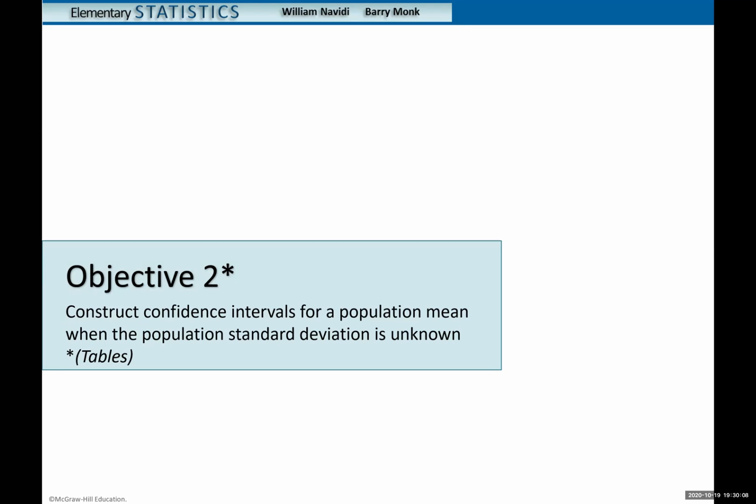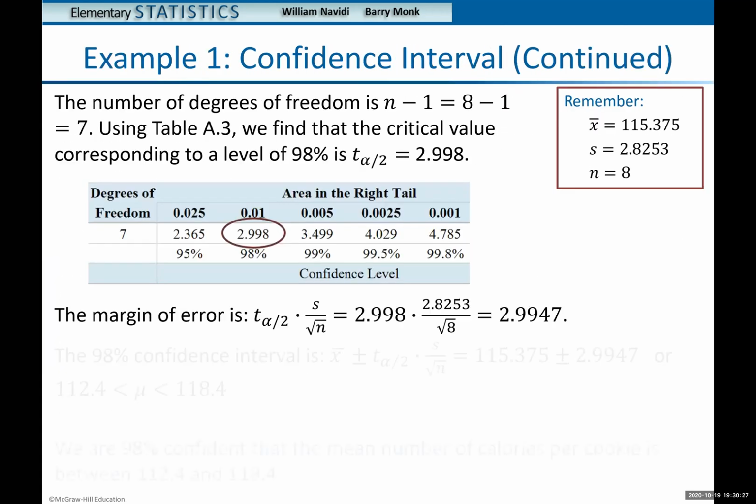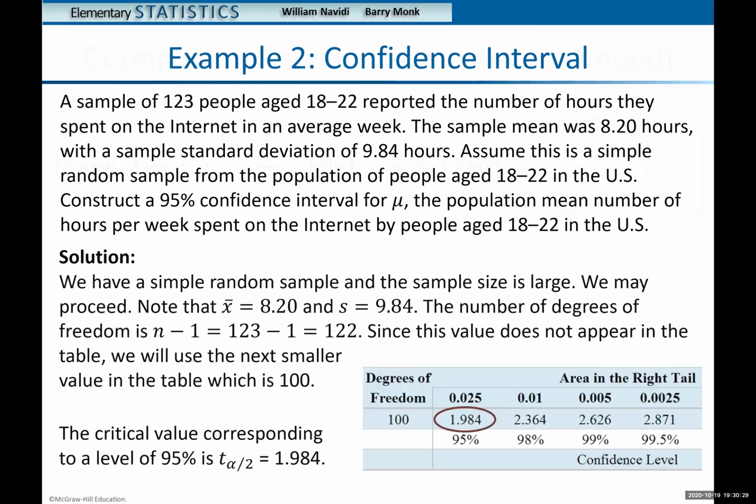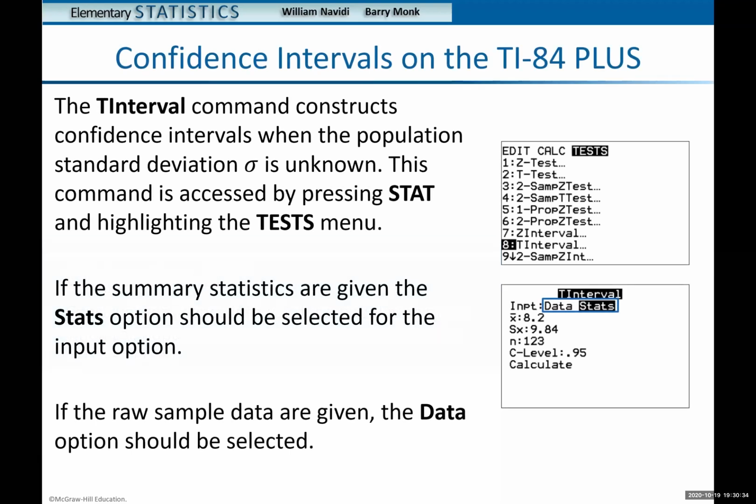Okay, the next objective is solving for the confidence interval. So there are two ways. The first one is by using the table, and the second is the shortcut, of course, using the TI-84. And let's use a TI-84 with those two problems. Since we're using t critical values, we're using T interval.